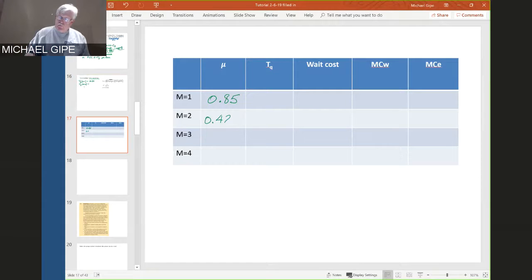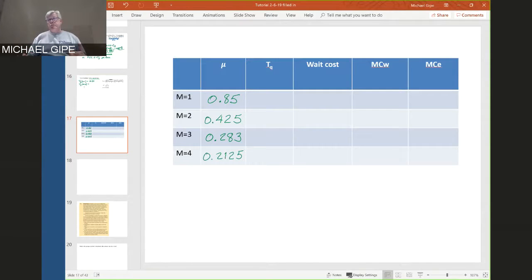You're going to have to trust me on my using the calculator here. You can go back later tonight and confirm that I did these right. And so it makes sense, right? The more employees you add, the lower the utilization. And notice, of course, that we start with one employee.